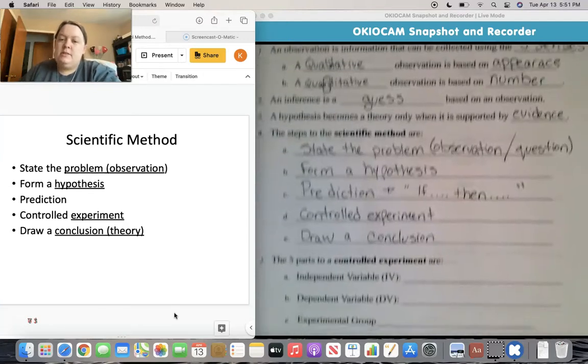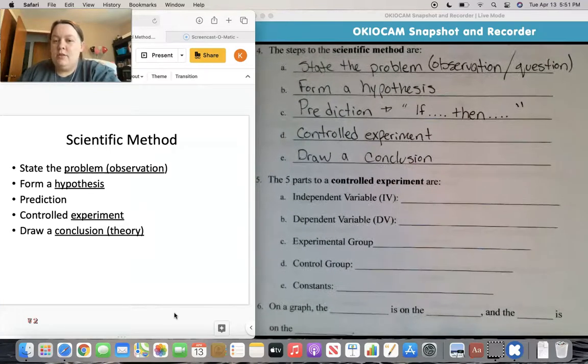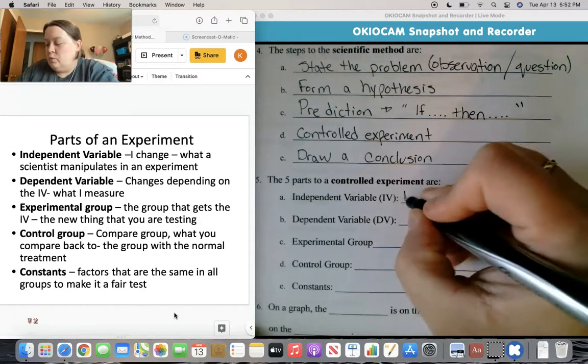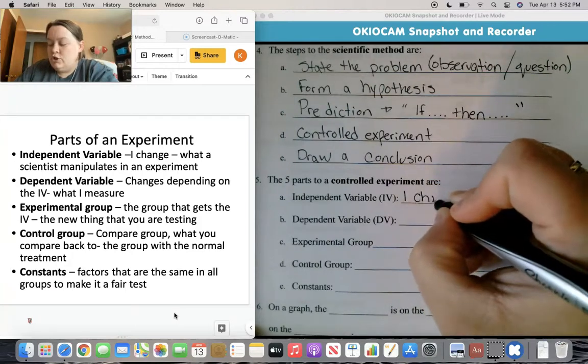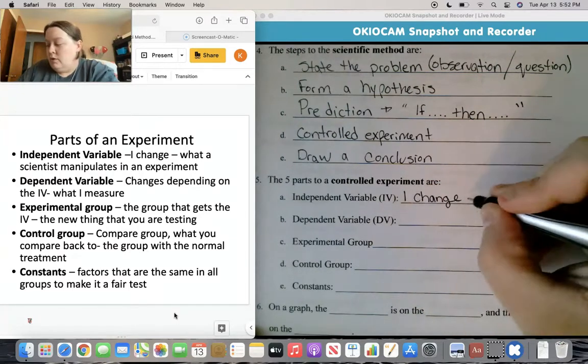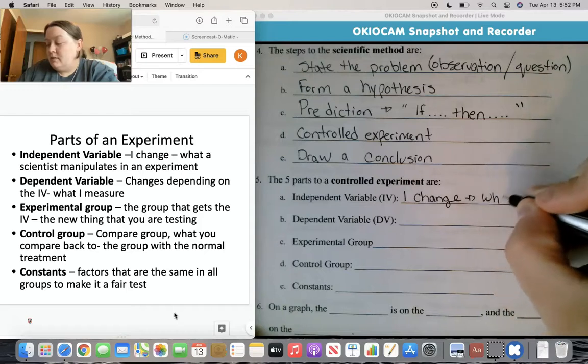Now, your experiments, they're not just simply something you toss together. In order to have a valid experiment, they have to have a few different parts. The first part of a valid experiment is the independent variable. The independent variable is what I, the scientist, change in an experiment, what the scientist manipulates.